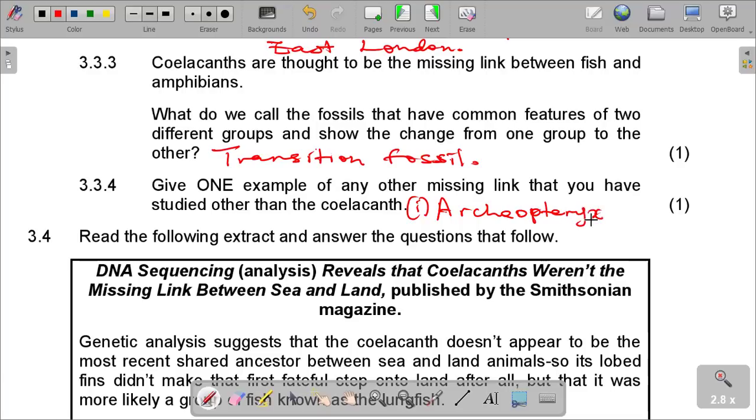It is another example that we can give. Also, there is the listosaurus.